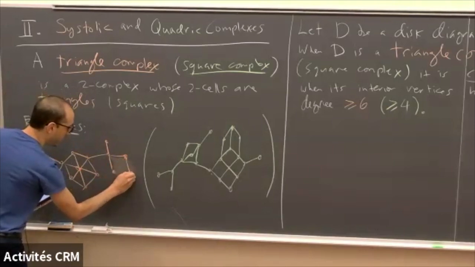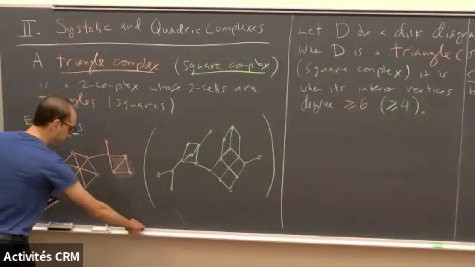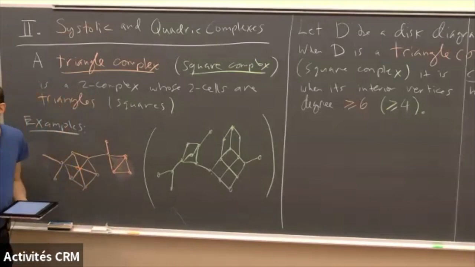If instead of that 4 wheel we had this, then okay, now we have a CAT(0) triangle complex. I assume you're like factorizing each triangle like a Euclidean triangle.